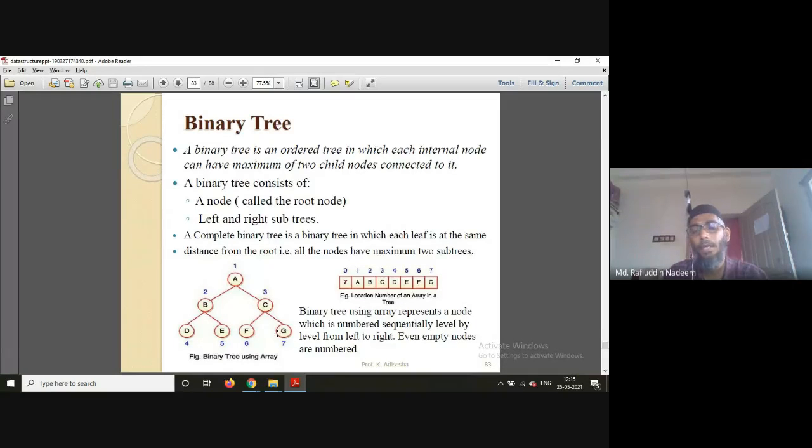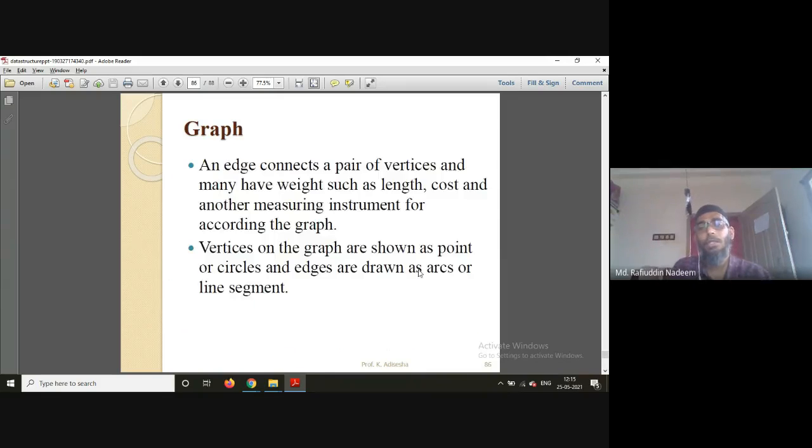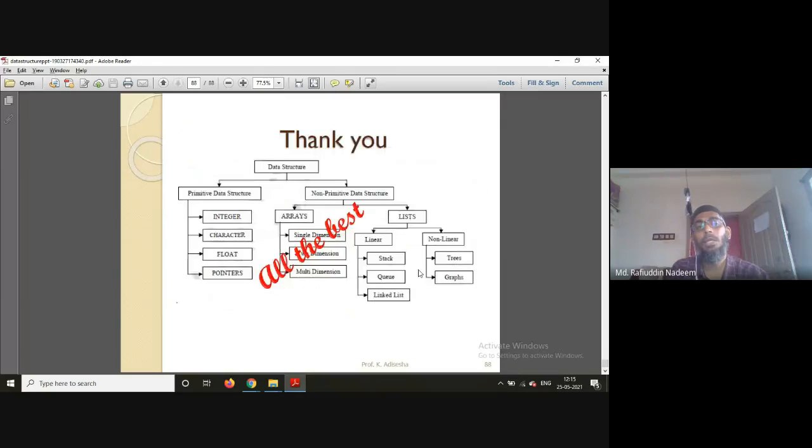Whereas in a graph, to go from V1 to V4, I can traverse through V3 and V4, and I can also go through V2 to V4. In an undirected graph this holds, though in a directed graph you may come across problems where you may not find a path from one node to another.